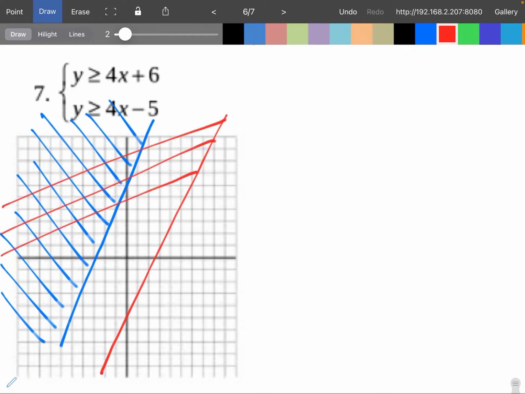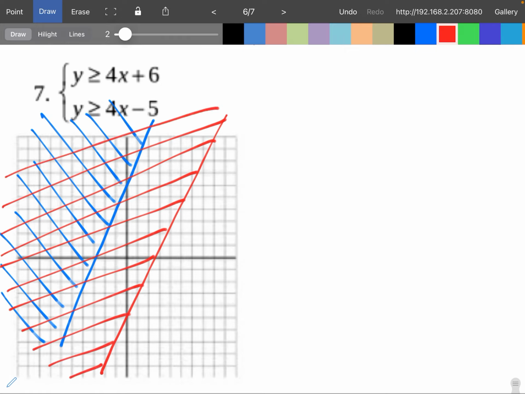Again, that's pretty crappy, but they're supposed to be parallel. The blue one, the top one, that one you would shade above it. So that would kind of look like this. And then the bottom one, that one you would shade above it also. So that would look something like this. Oh, wrong color. Something like this.